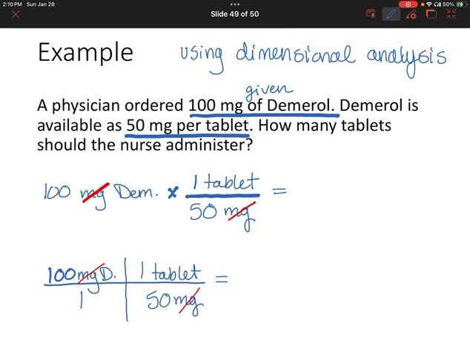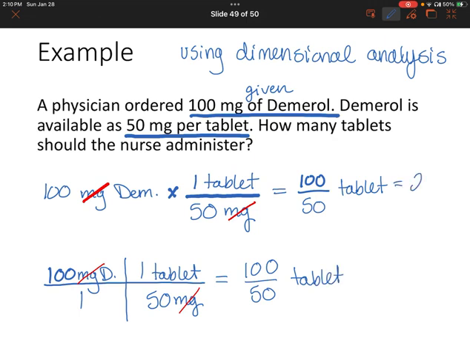So if we summarize this, we have 100 over 50 tablets. And down below, same thing, 100 over 50 tablets. So that'll give us 2 tablets. I ran out of room, but 2 tablets.